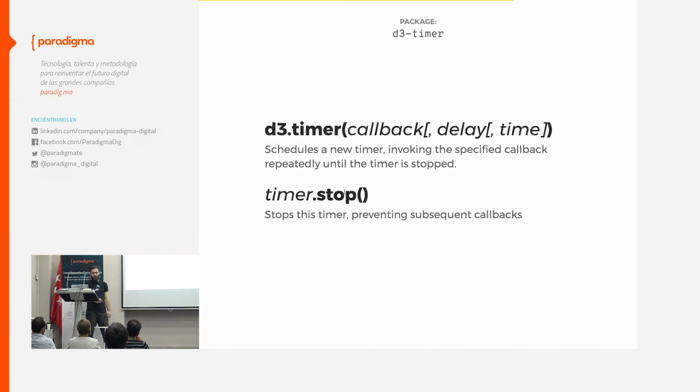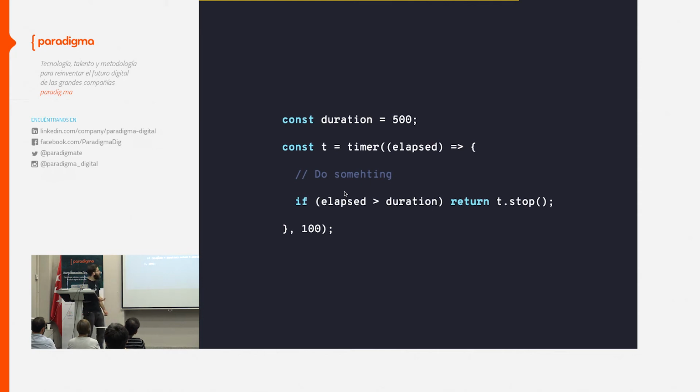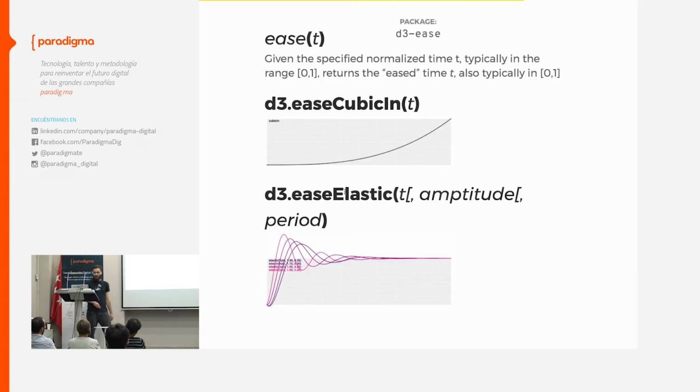In your callback, you will receive the elapsed time since you started the timer, and you manually need to stop it. So this is an example of how you use the timer: you set a duration, you do your stuff in the timer callback, and you check if the elapsed time is greater than your duration, then you stop the timer. This optional value here is because you can delay the start of the timer by a given amount. This will come in handy later.